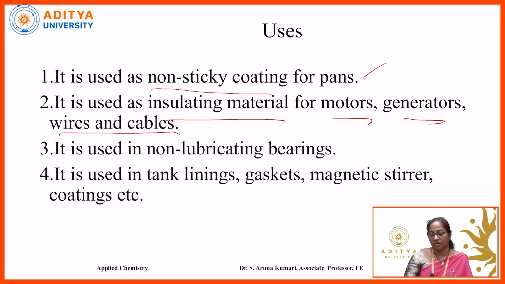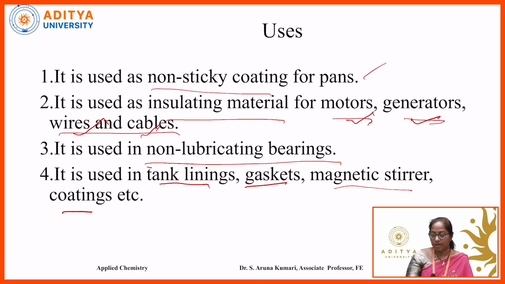As it is a good electrical insulator, it has been used in making of motors, generators, wires and cables. It is used in non-lubricating bearings. It is also used in making of non-lubricating bearings. It is used in tank linings, gaskets, magnetic stirrer and coatings, etc. So these are the few applications of the polymer which is known as Teflon.